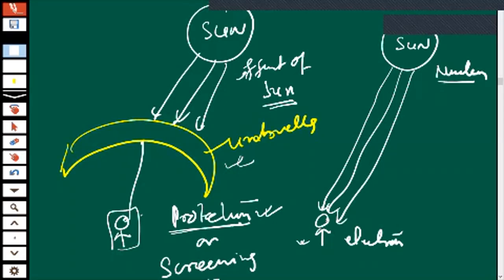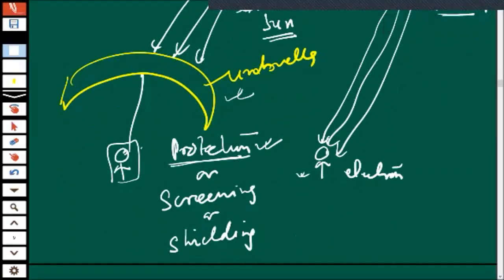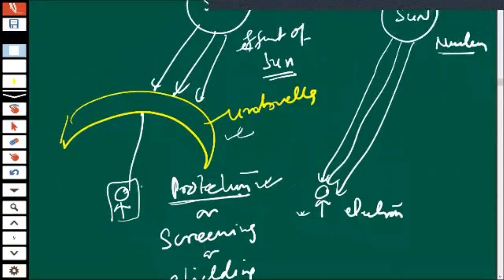Okay, children? Effect of the sun. Either you can say this umbrella is covering the sun also. But whatever language you want, the function is protection. This umbrella is protecting this person from the effect of the sun.